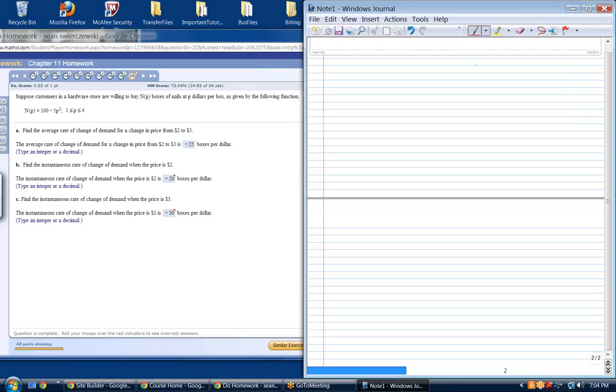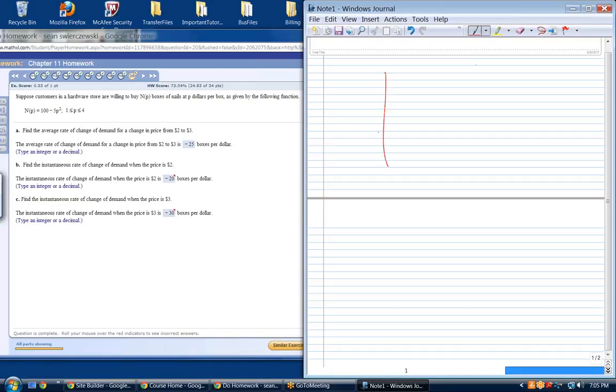In other words, the average rate of change is the total change divided by... it's basically rise over run, right?